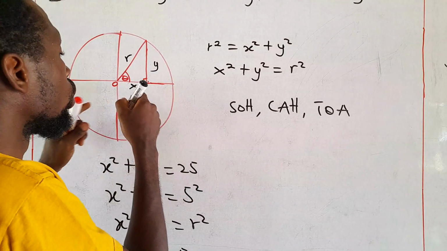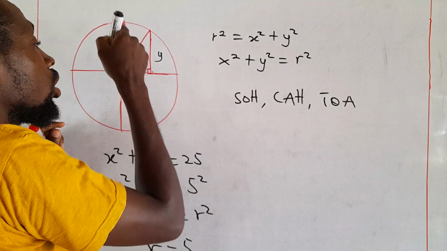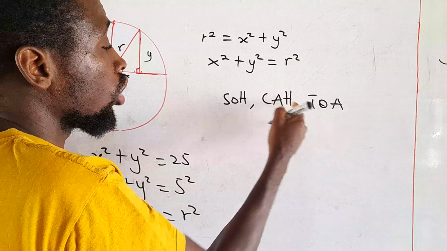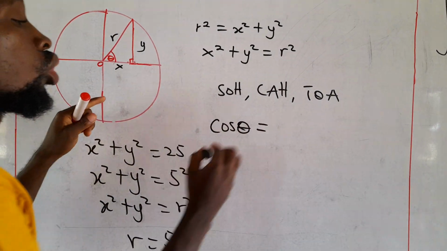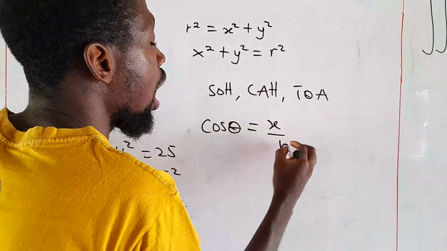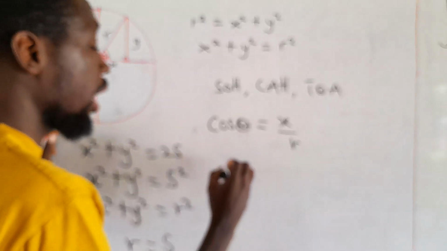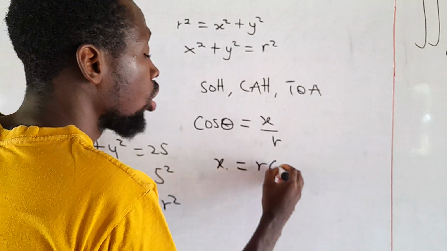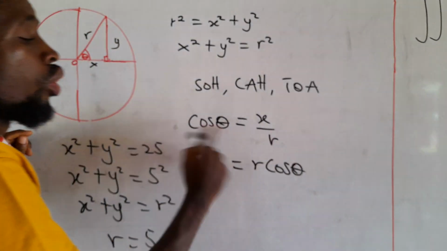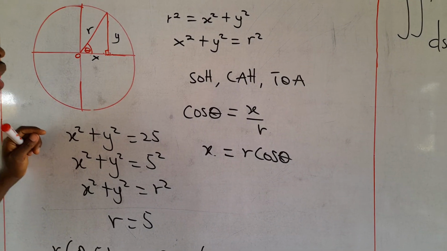If we want adjacent over hypotenuse, that's cos. So we can say cos theta is equal to x over r. Then our x is equal to r cos theta, when we cross multiply both sides.